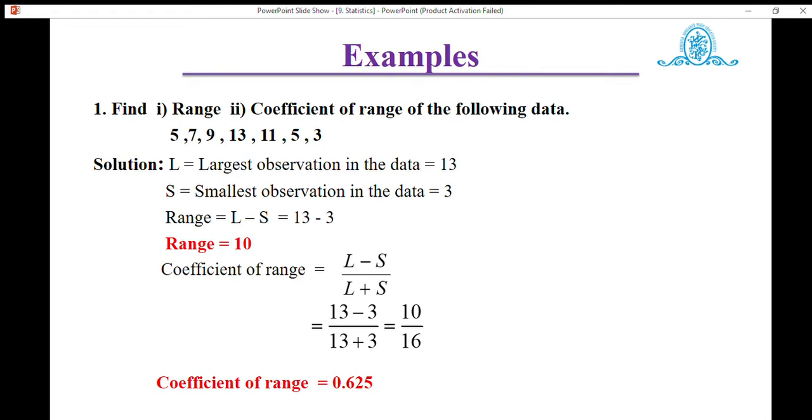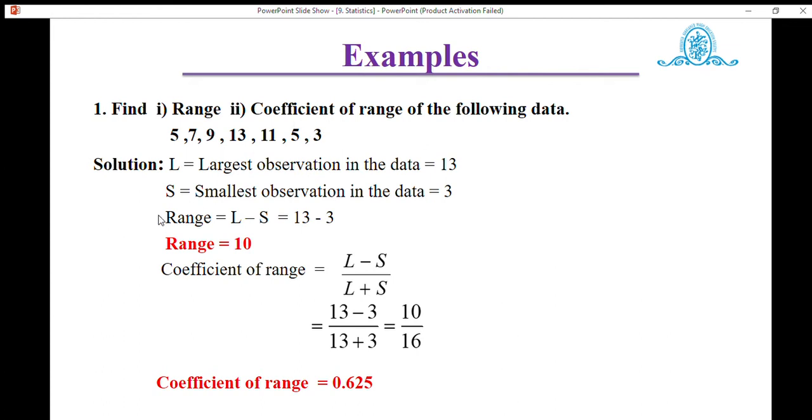You can first rearrange the data in increasing or decreasing order and then identify them, or if it is possible to identify immediately, you can do that also. By observation, the largest observation in the data is 13, and the smallest observation in the data is 3.